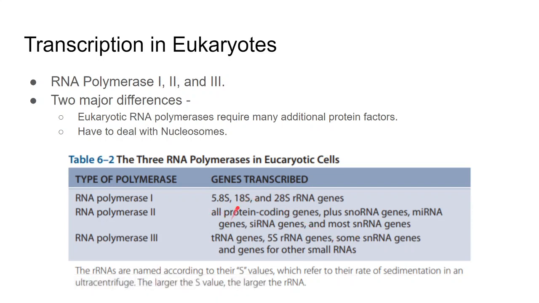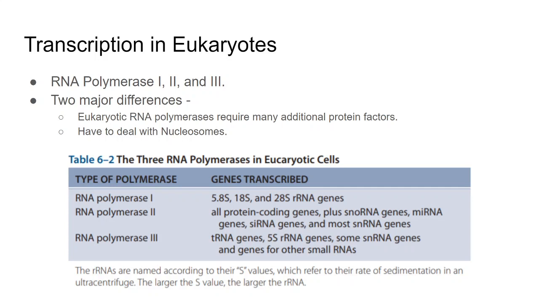And if you're wondering what the S stands for in 5.8S, 18S, 28S, S refers to the Svedberg values. The name is not given here, but it's Svedberg, and this indicates the rate of sedimentation during an ultracentrifugation.